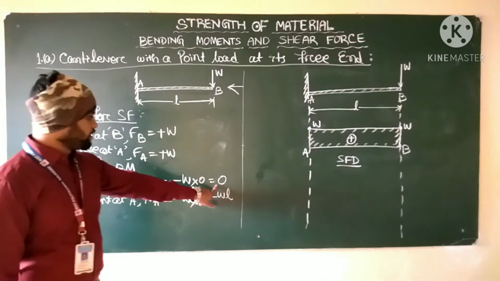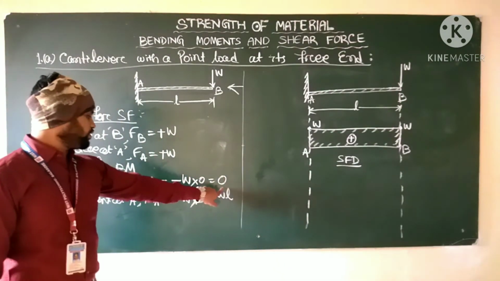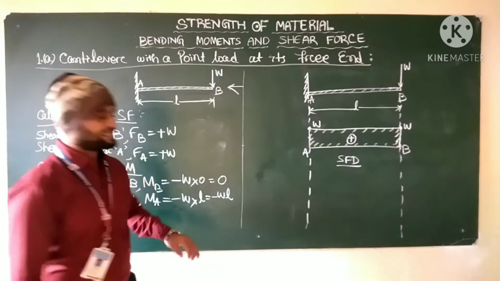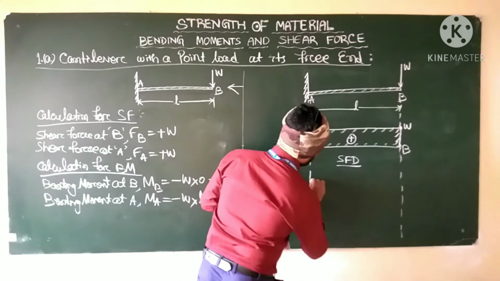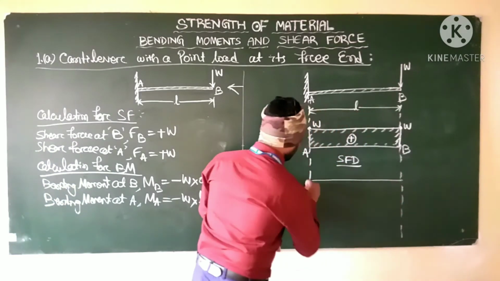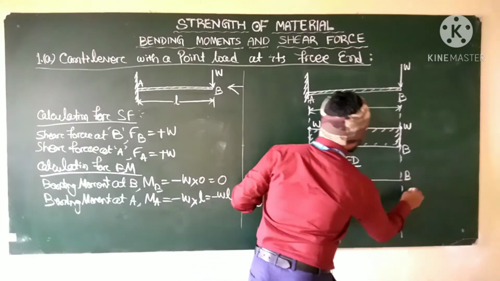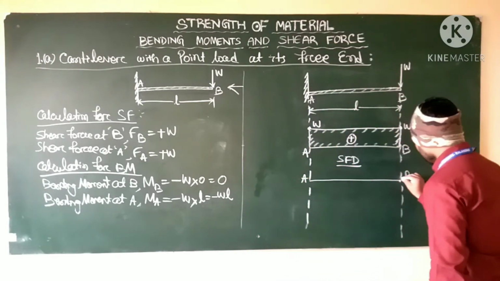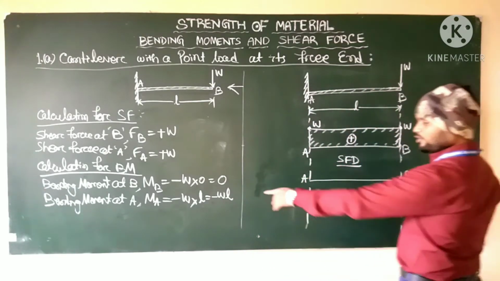Next, bending moment diagram. In the bending moment diagram, at point B it is 0, at point A it is minus WL. Minus means below the baseline. So baseline is above, A, here is B. At point B, what is the bending moment? 0. That means this point. And at point A, what is the value?